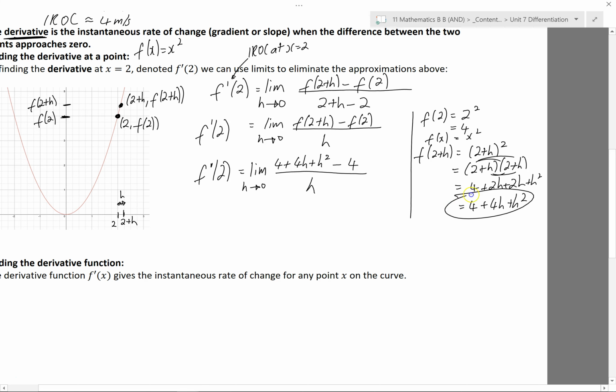So this went there, and this went there, which relates to those two points. And now I can simplify this limit and see where it goes. On the top line, the 4 and the minus 4 will cancel each other out. I'll be left with 4h plus h squared on h.